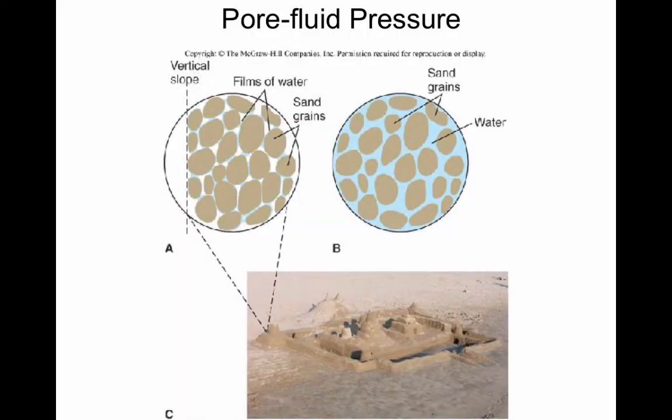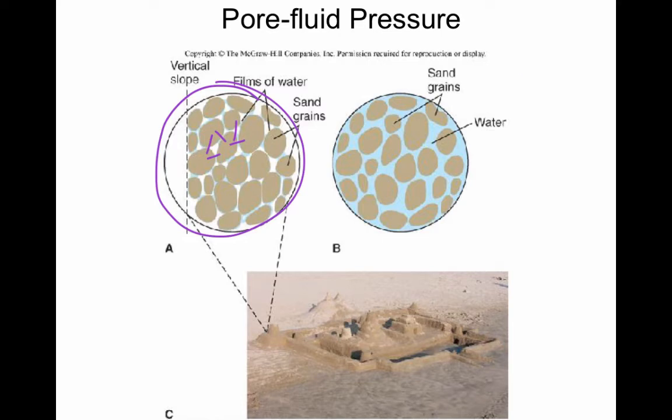I think the soil thickness is pretty self-explanatory. The thicker the soil, the thicker the weathered bedrock, the more apt for failure it is. Also, if you have a lot of fractures, it's going to be weaker, but pore pressure is a little bit harder to understand. Here, this is a case for sediment or grains of sand that have no fluid between them. You can see in most cases, all of these grains are actually touching, and they're very compacted.